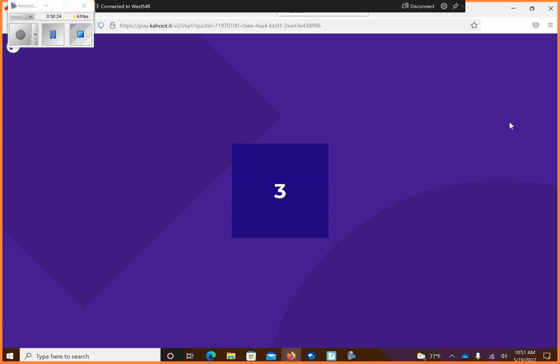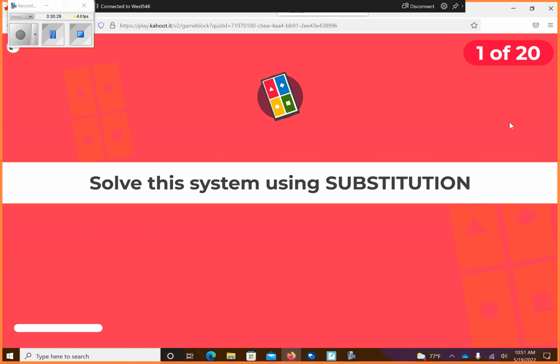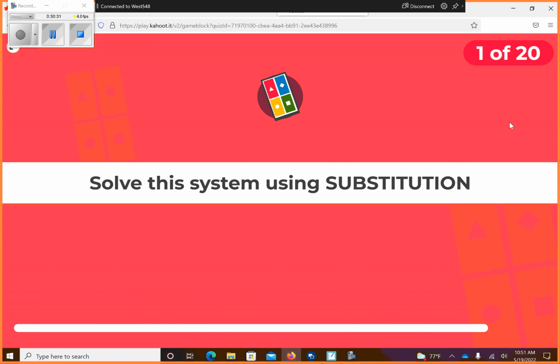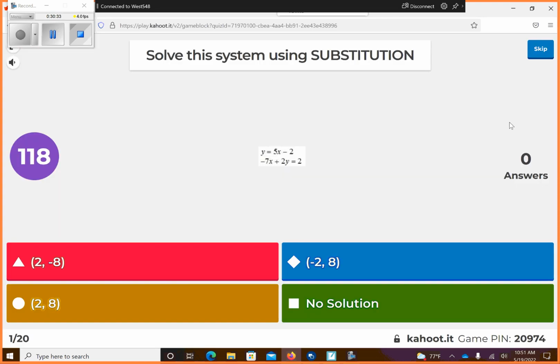Solving systems. So remember, you're going to probably have ordered pairs. Can you see it? y equals 5x minus 2 is the top one, and negative 7x plus 2y equals 2 is the bottom one.